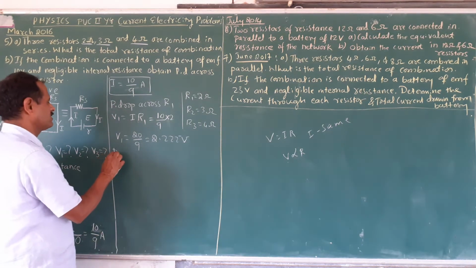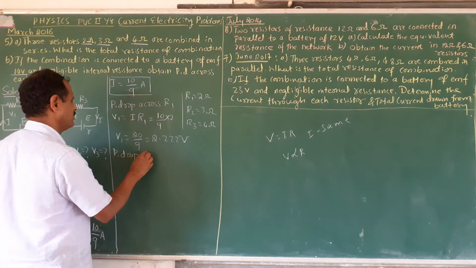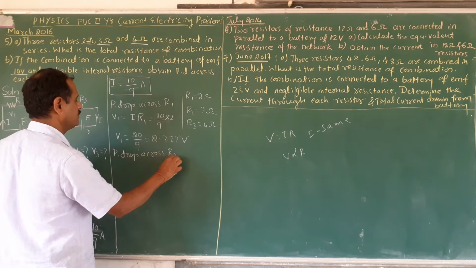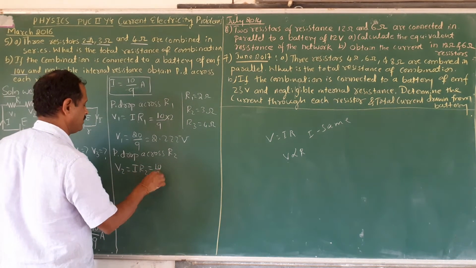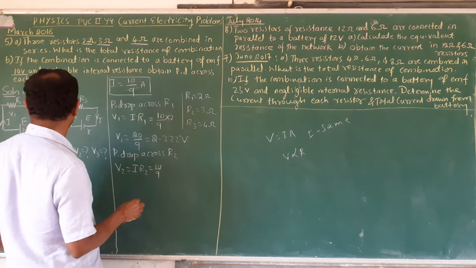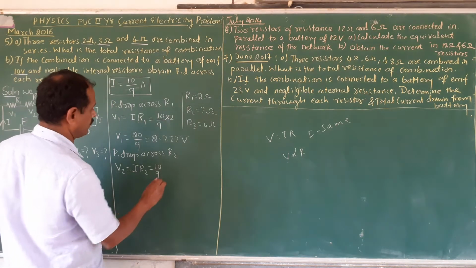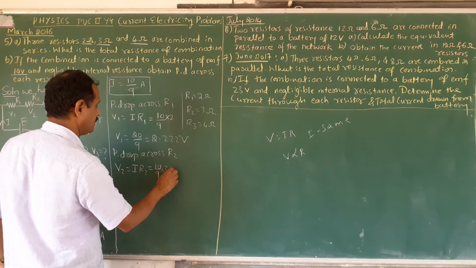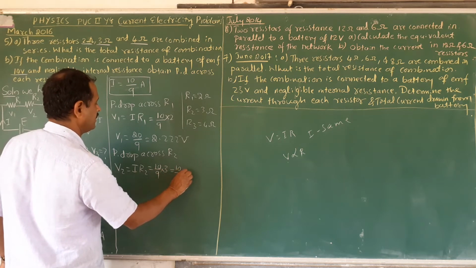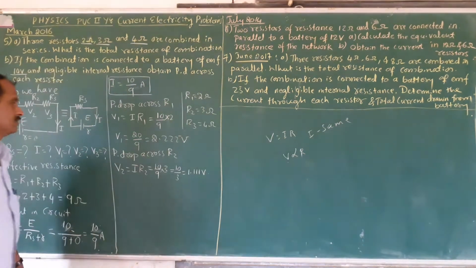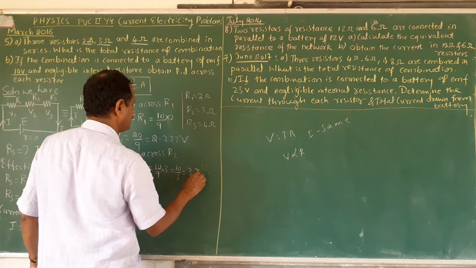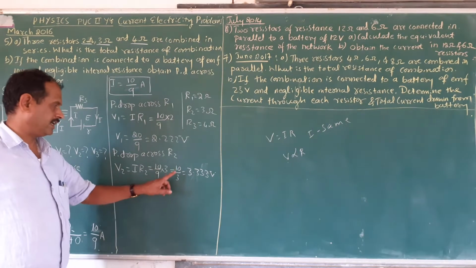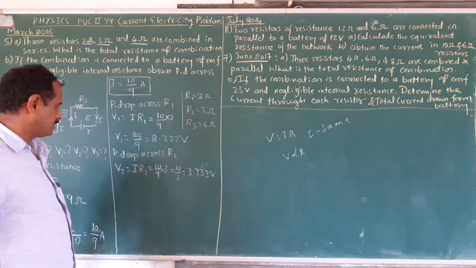Potential difference, or drop, across R2. This is V2 is equal to I R2. I is 10 by 9, R2 is 3, so this is 10 by 3, which is 3.333 volt.